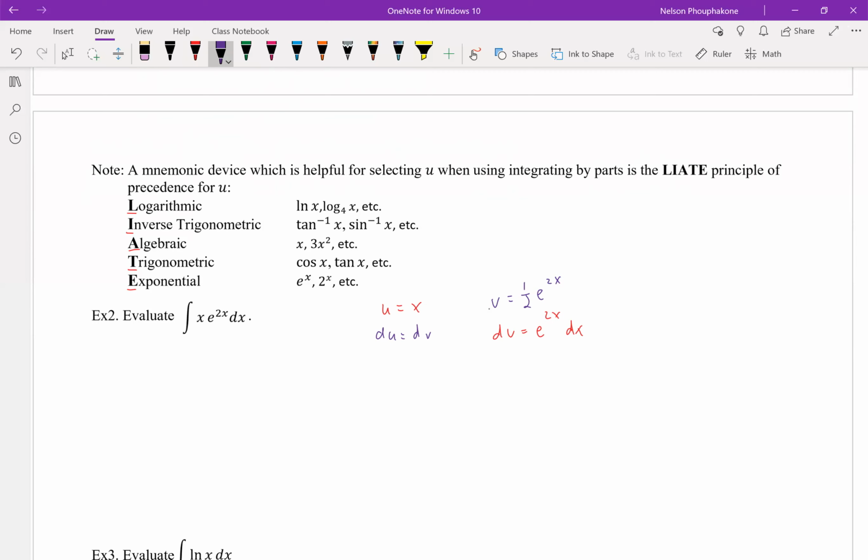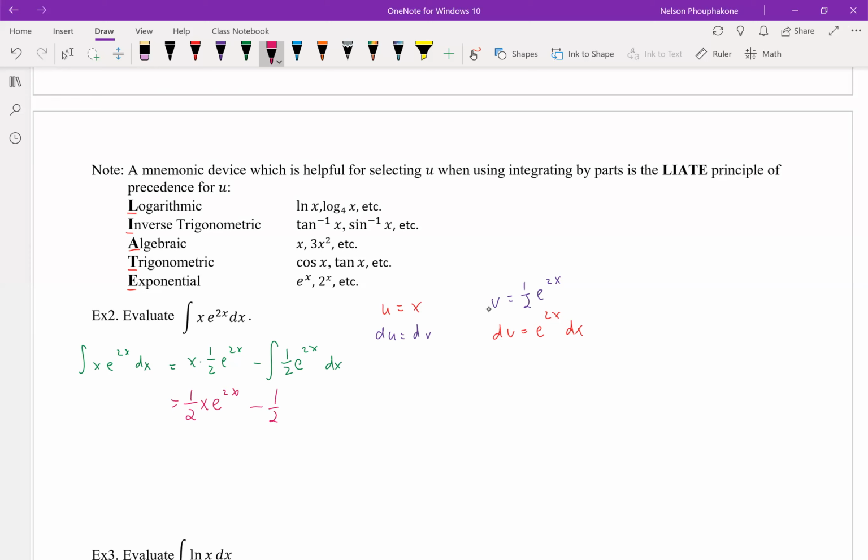And then now, when we have this, we will have the integral of x e to the 2x dx equal to x times 1/2 e to the 2x minus the integral of 1/2 e to the 2x dx. And of course, I will have 1/2 x e to the 2x minus 1/2.